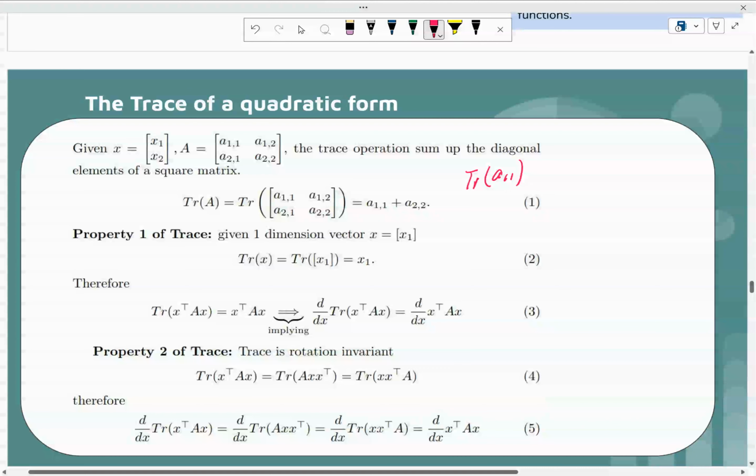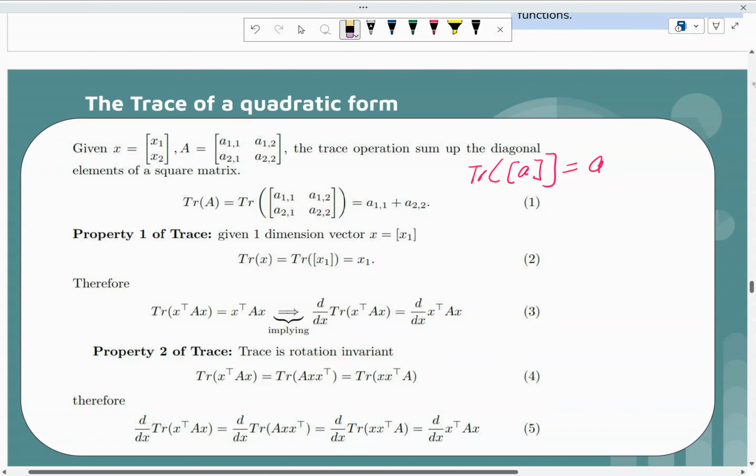Well, the diagonal of this is just one number. Therefore, it's just equal to A11. So the interesting observation here is that the trace of a one-dimensional element is equal to the element itself. Okay? So here, the trace of a number is just the number itself.